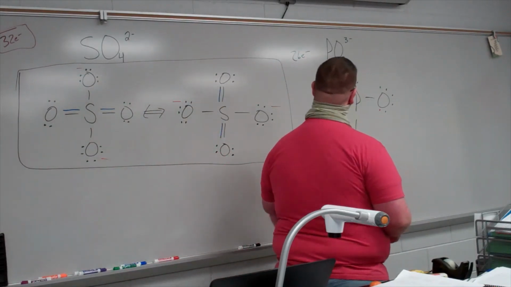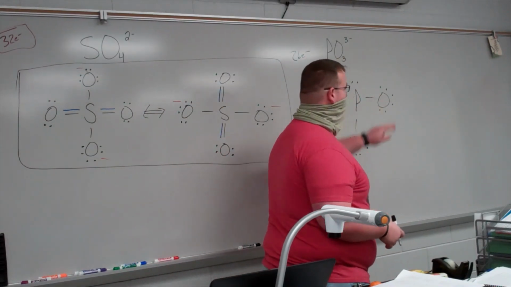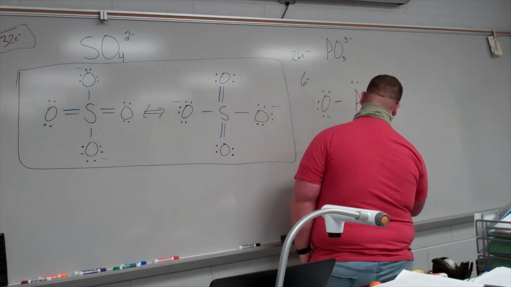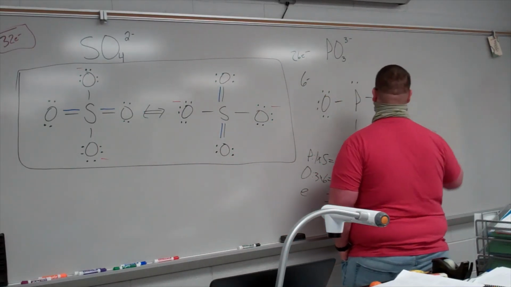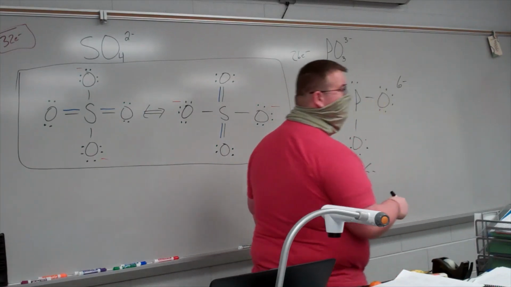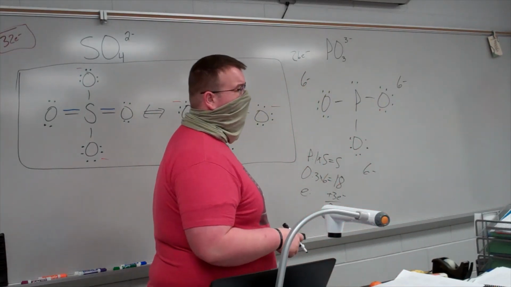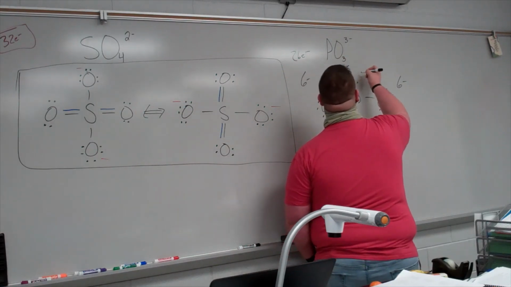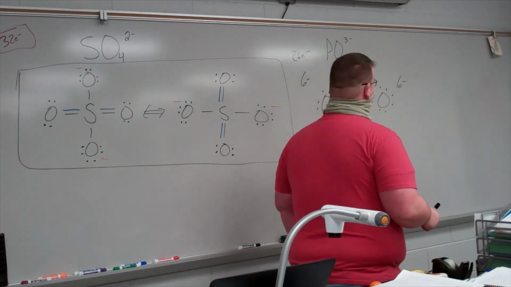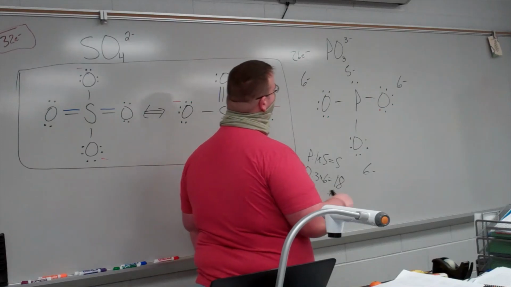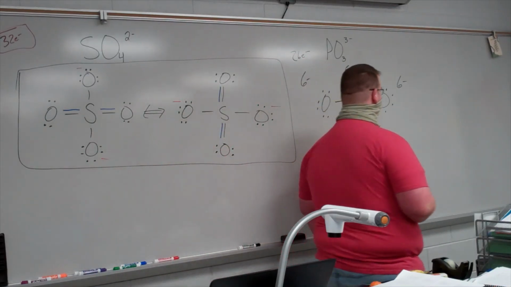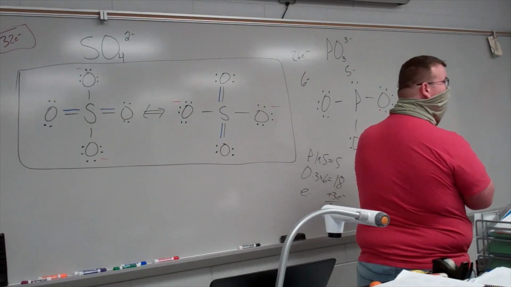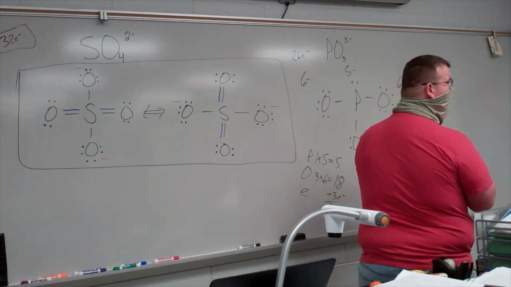In this case, these oxygens all start off with 6 valence electrons. I know I'm moving quick. You guys should be catching on quicker than what you're used to. Look at phosphorus. Phosphorus normally has how many? 12. Good job. So in this case, how many are the oxygens showing? 7.